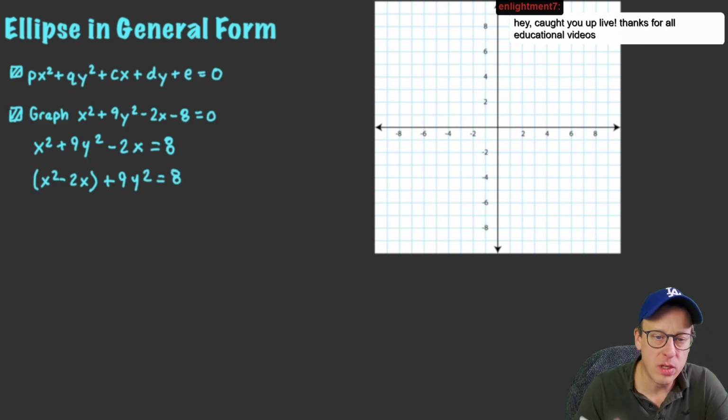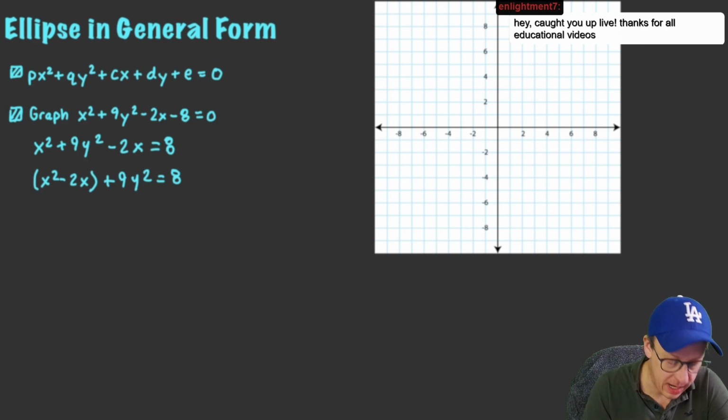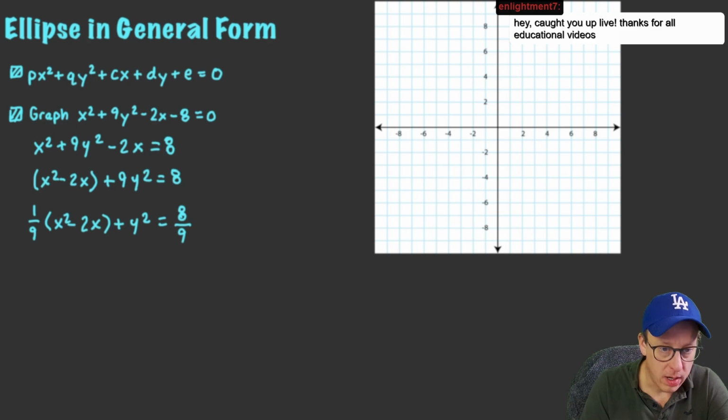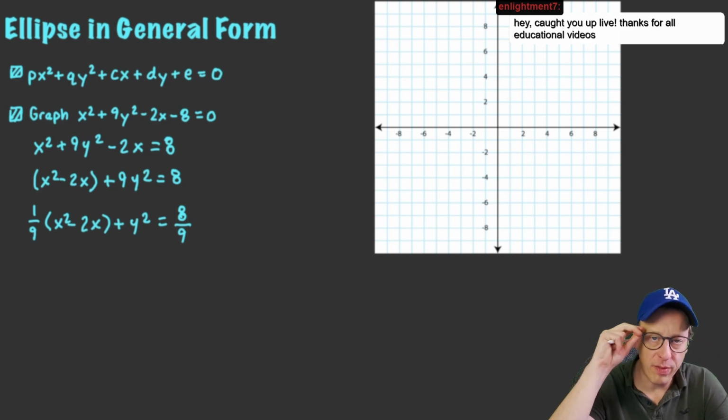And then we need to divide by the coefficient of squares. In this situation, it's going to be 9. So this is going to become 1 over 9, x squared minus 2x plus y squared, which is going to be equal to 8 over 9. And then I need to convert the x to its square form.